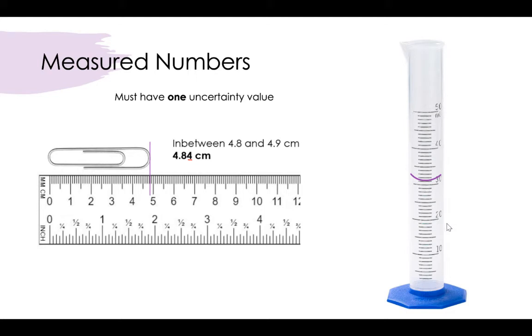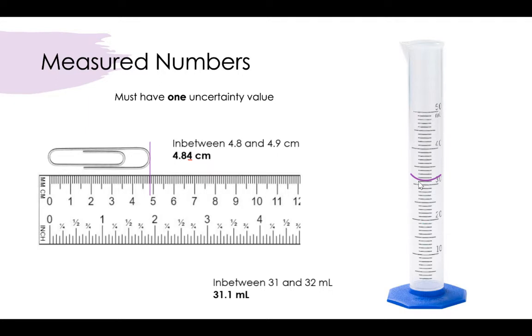Notice that each of these large lines represents 10, but these little tick marks is 1. So I have 20, 21, 22, and so on, 30, 31, 32. So I can see that the bottom of my meniscus is very close to 31, but it's a little bit higher. So it's somewhere in between 31 and 32. So I'm going to say that it's 31.1 milliliters.